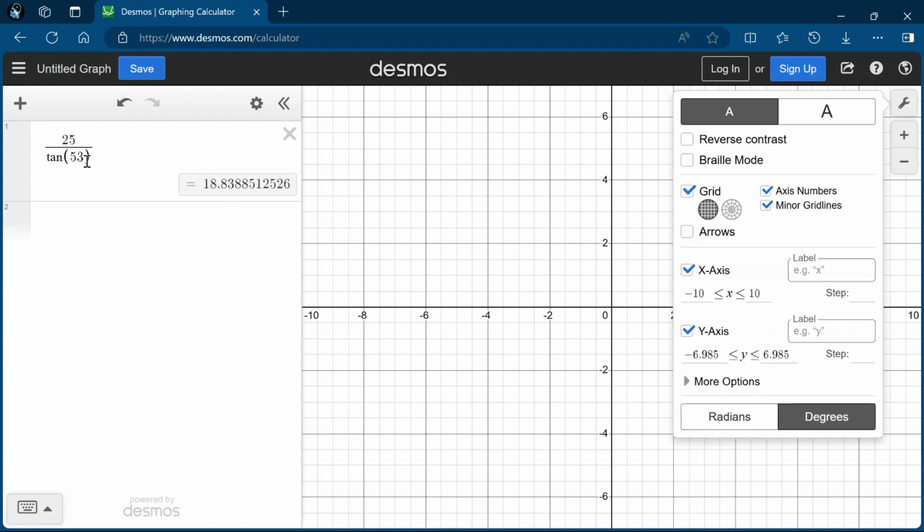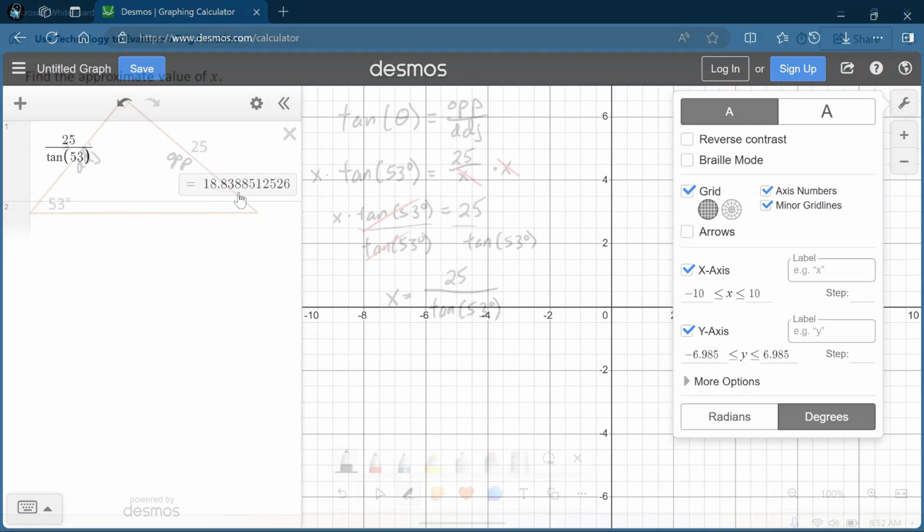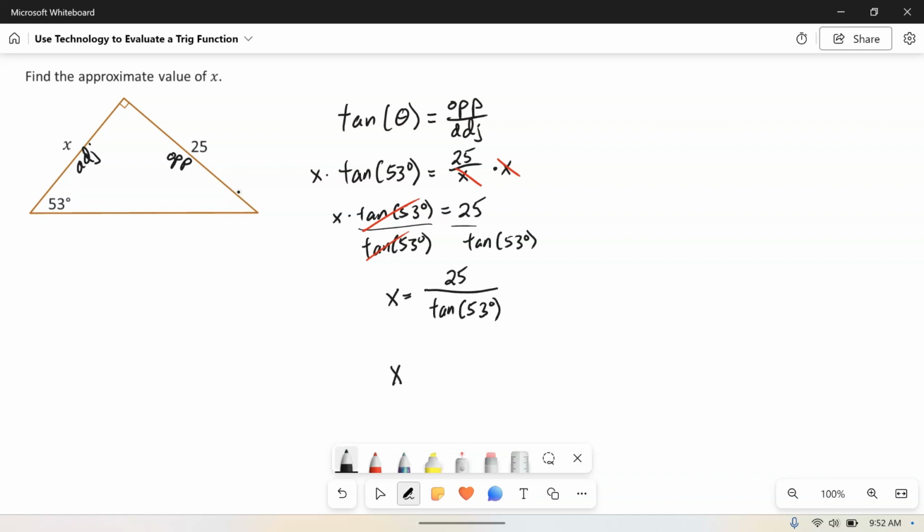And notice it already changed our answer. It is now computing 25 divided by the tangent of 53 degrees, and it tells us that that is 18.8388 and so forth. All right, and so let's just keep two decimals. So we have that x is approximately 18.84.